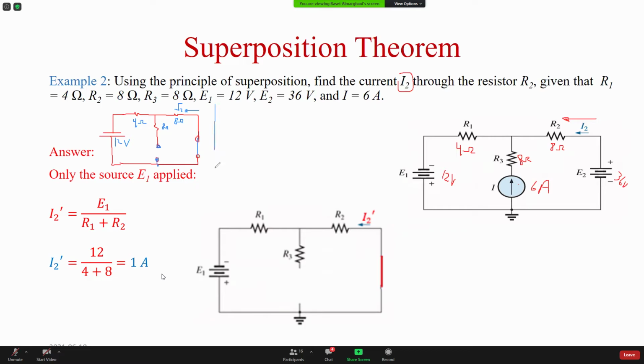Now the second circuit, I'm going to use only source 2, which is this one. It doesn't matter the order now. This source is removed, this source is removed, this is staying.